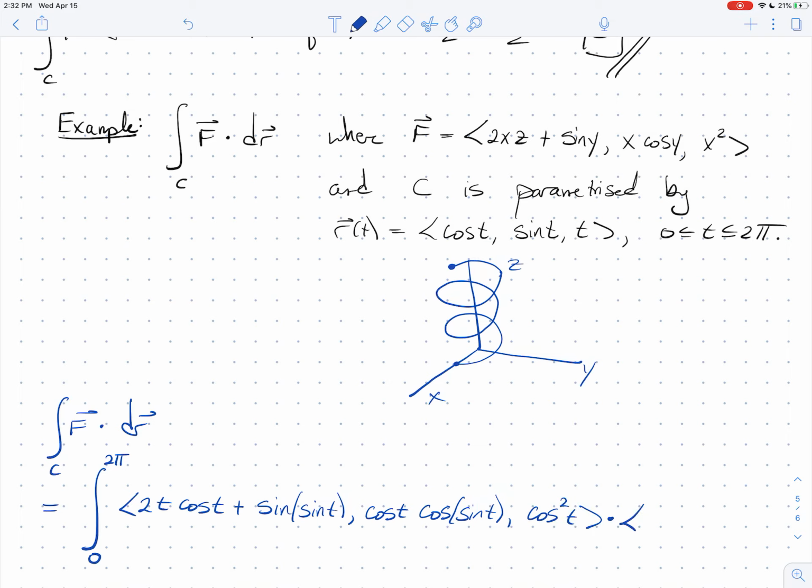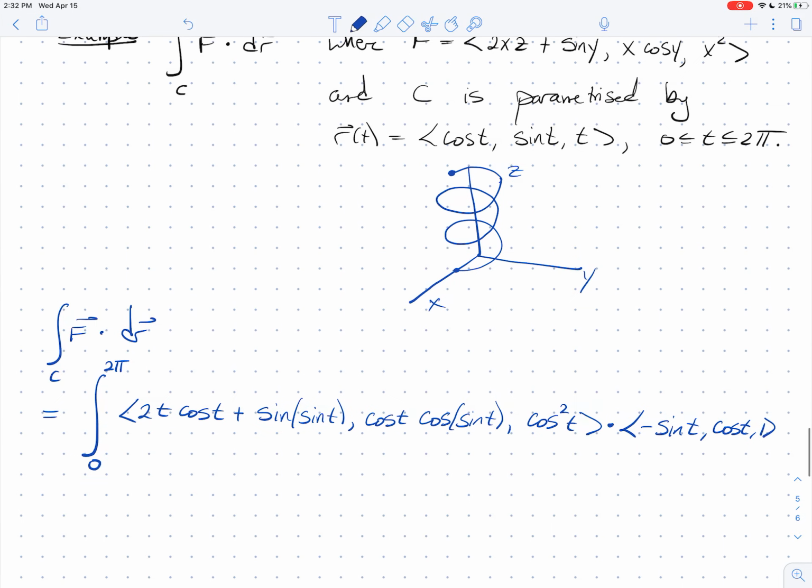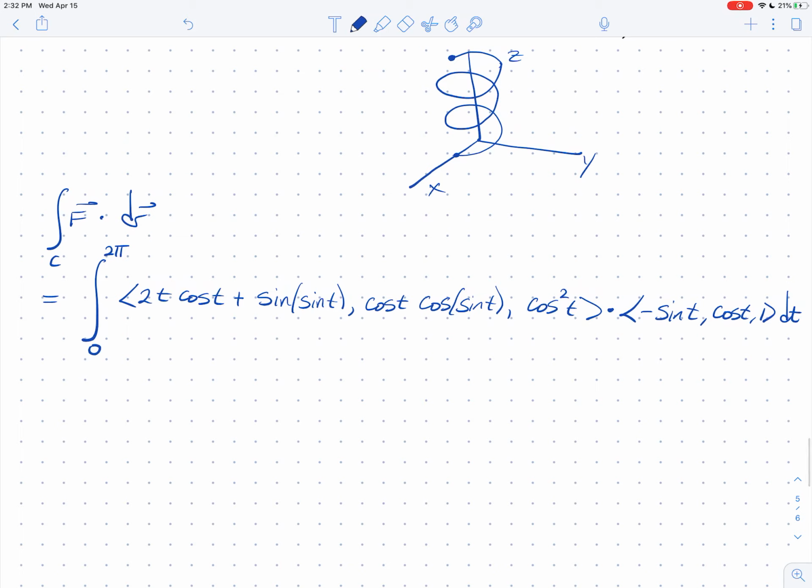Who came up with this problem? Now we dot with r prime, which is minus sine t, cosine t, 1, and then dt.